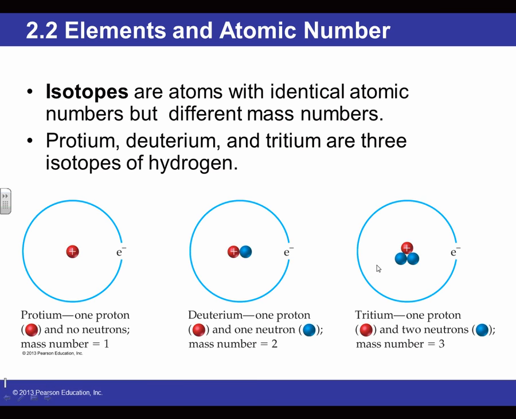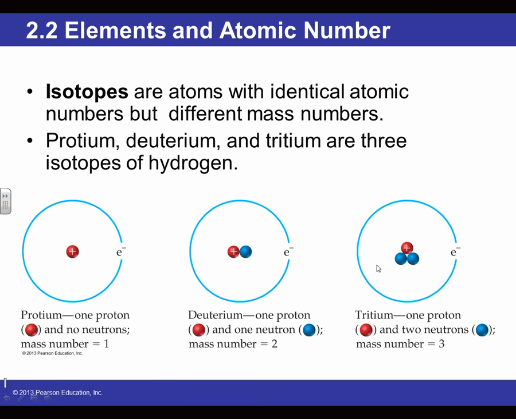Now, you have some special elements out there. In this case, you have atoms called isotopes, and they have identical atomic numbers, but they have different mass numbers. Having a different mass number basically suggests that they have the same number of protons, but they may have a different number of neutrons.